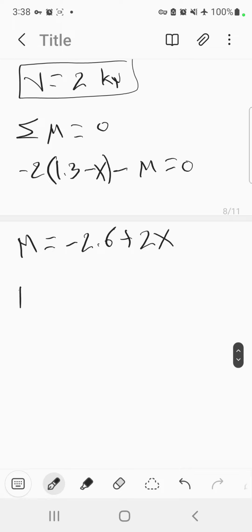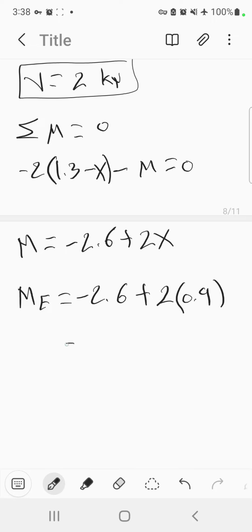Now for the moment ME, it's going to be equal to minus 2.6 plus 2 times 0.9, since E is located at 0.9 meter, so it's going to be minus 0.8 kilo Newton per meter.